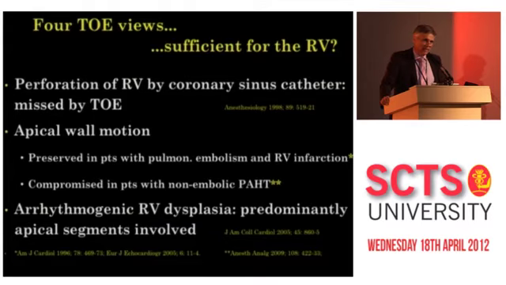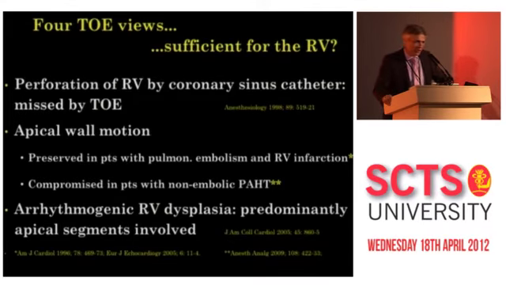Then there are several studies describing that the apical part of the right ventricle may have preserved function in patients with pulmonary embolism and right ventricular infarction, whereas other publications have described that it is compromised in patients with non-embolic pulmonary artery hypertension.